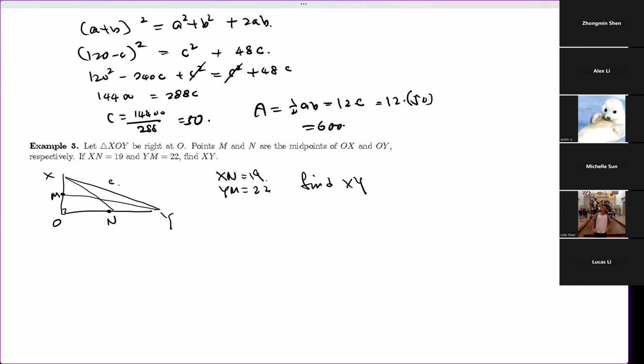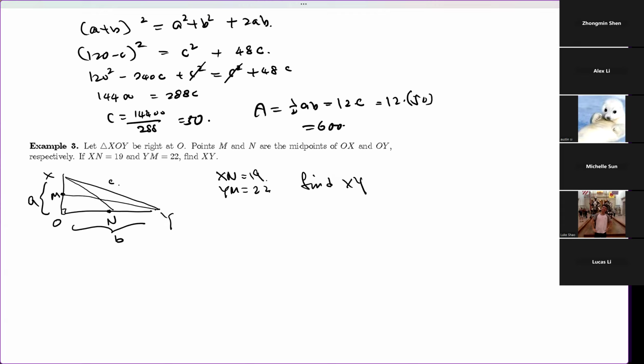So my suggestion is that it's easy to write down all the given information in variables. So this side is A, this side is B, right?